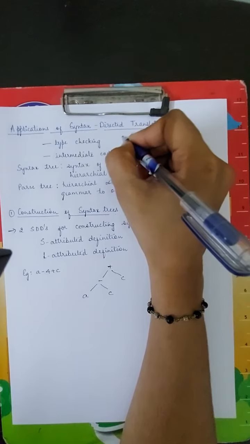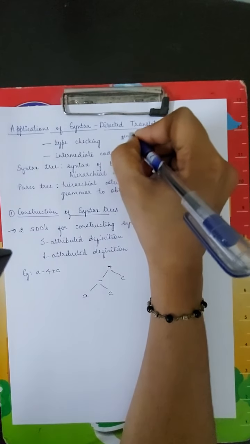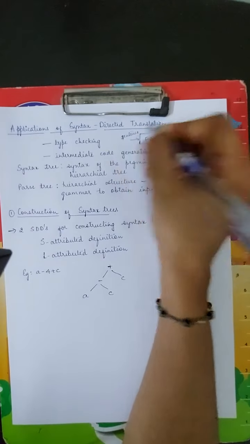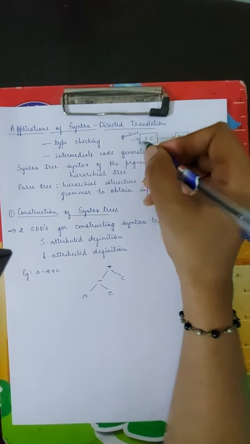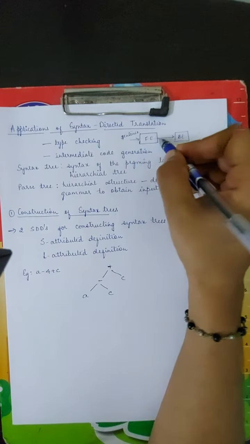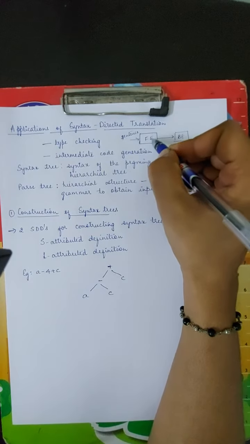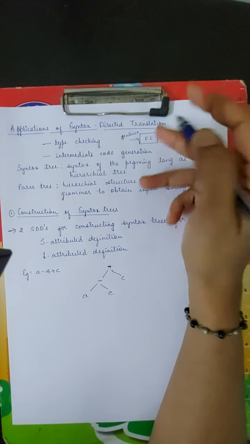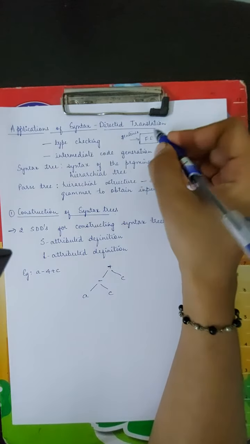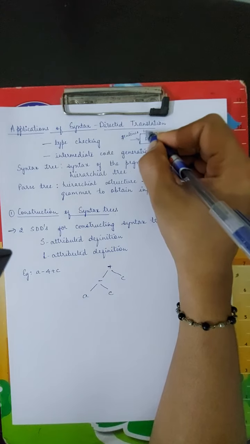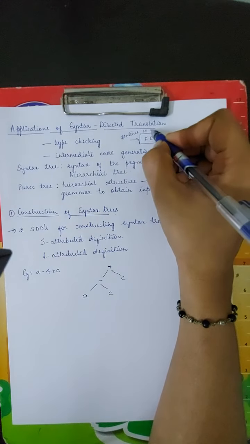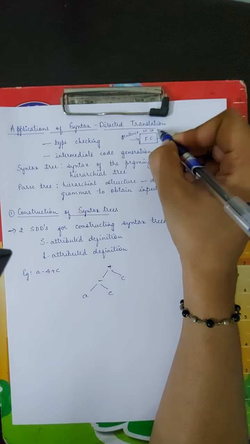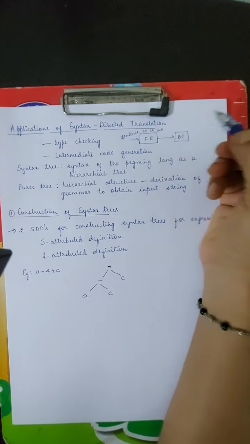Let me take it to be a sentence. So this programming language or input string or sentence is given as input to the front end, where front end has three phases. The first one is lexical analyzer, second one is syntax analyzer, and the third one is semantic analyzer.